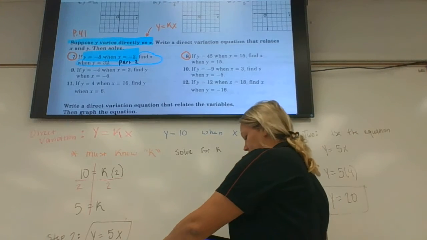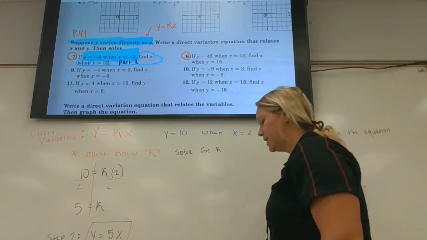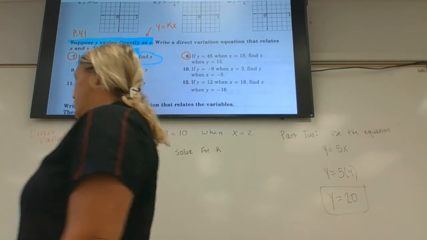So go ahead, find k in number 7 using the first x and y. Show your work.